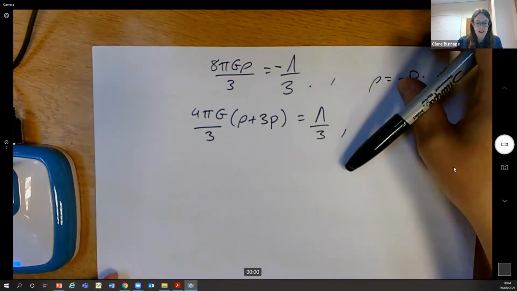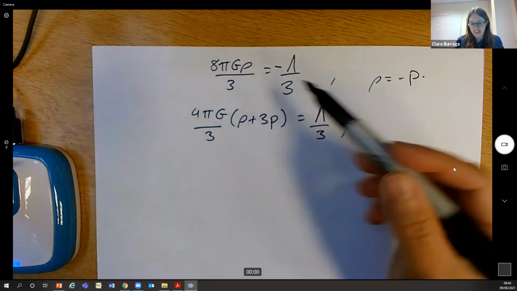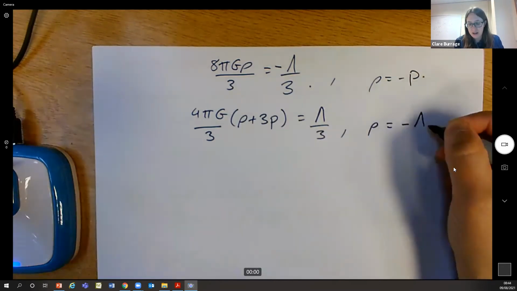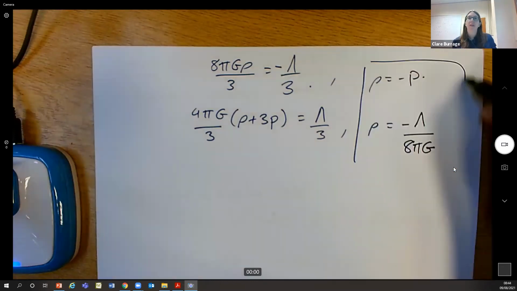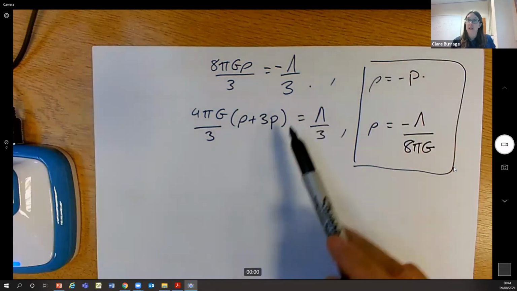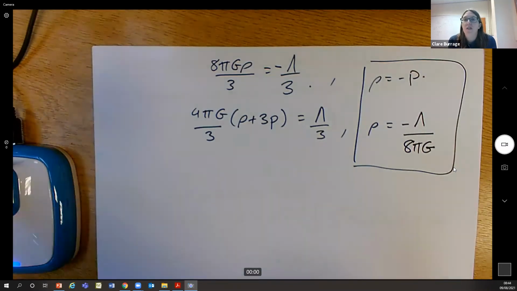And then we can rearrange this and see that we also need that rho is equal to minus lambda over 8 pi G. And these two things together do turn out to satisfy all of the equations. So it's perfectly possible for matter to mimic a cosmological constant.